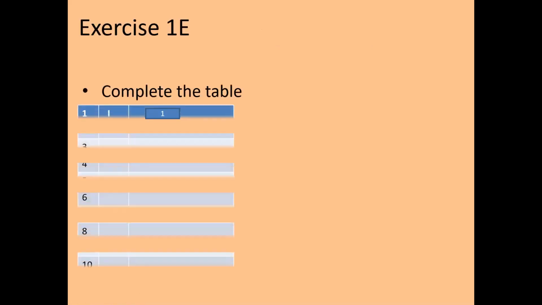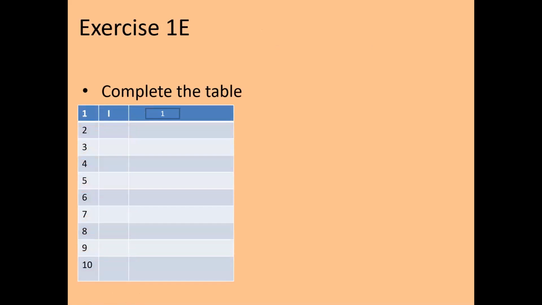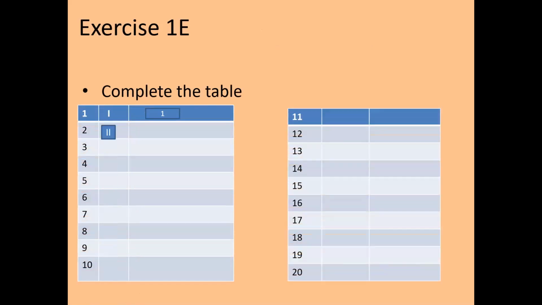This is the Roman numbers, and I will try to make a table here. 1 is I. 2 is II, 1 plus 1 is 2. 3 is III, 1 plus 1 plus 1 is 3.